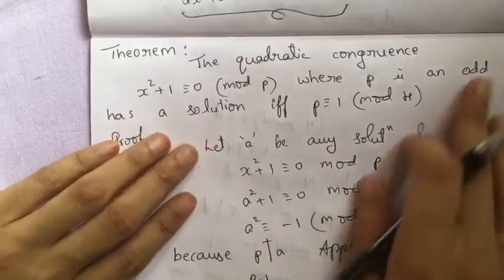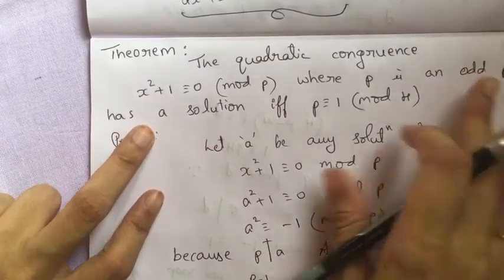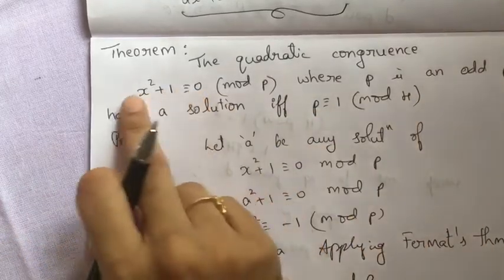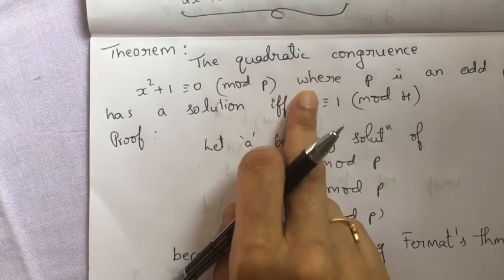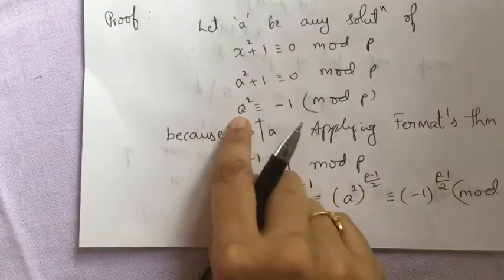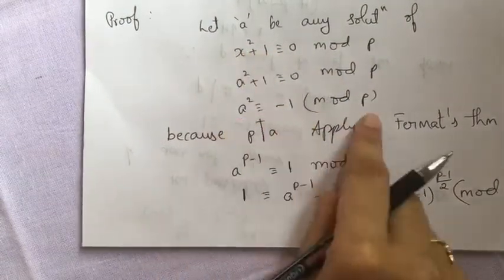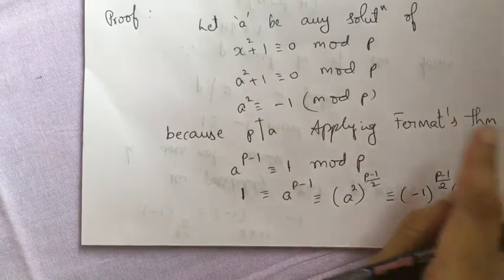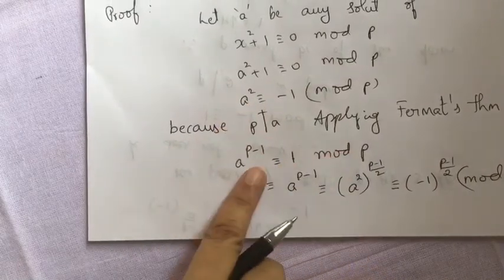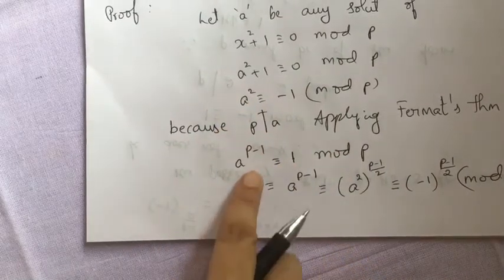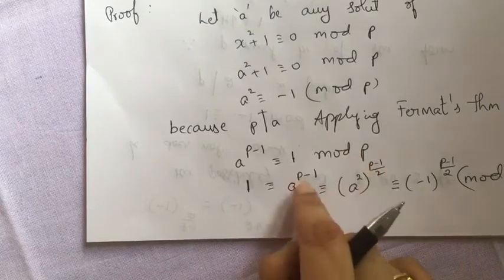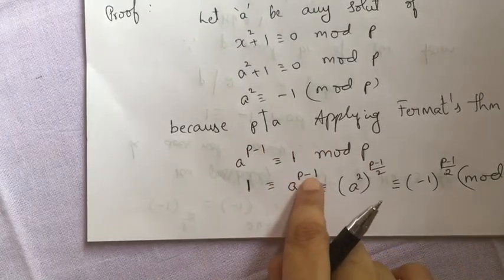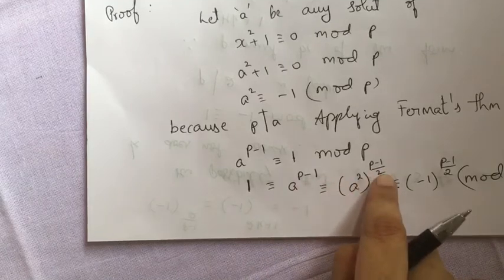See, it is mentioned if it's an odd prime, it has a solution if and only if this is true. I had taken, if it has got a solution, say a, then on applying over here you are getting a square equal to minus 1 mod p. p is an odd prime and it is not dividing a, therefore I can apply Fermat's theorem and I can write it like this. Now this p minus 1 can be written like this.